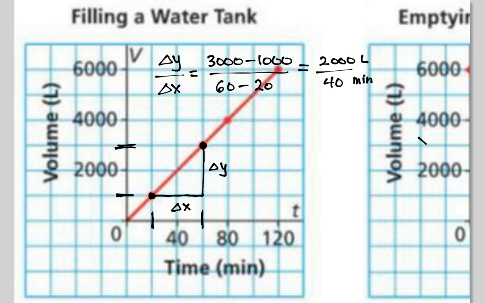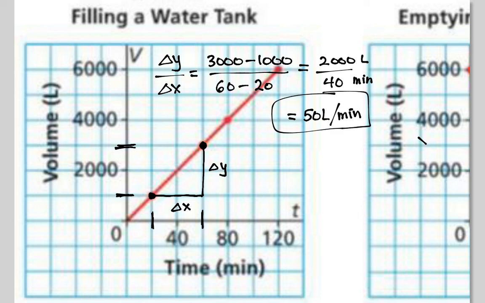This is one of the best water tanks, 2,000 liters in 40 minutes. Okay, and then all you gotta do is divide that number. What's 2,000 divided by 40? About 50? Or exactly 50. 50 liters per minute. That's how you say that.